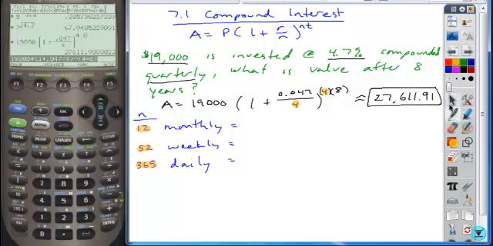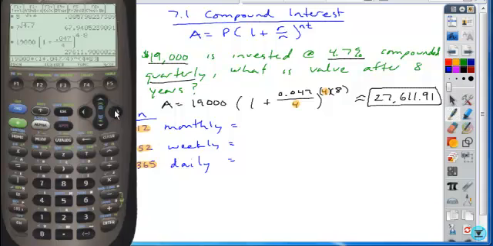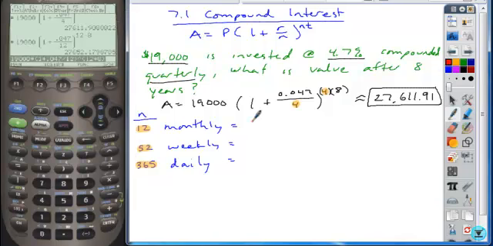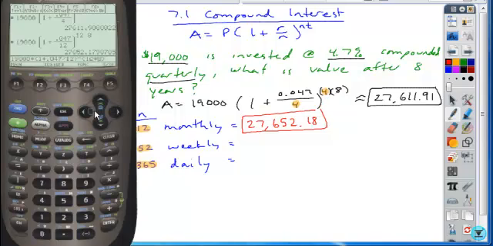So what we're going to do is plug these values into our calculator. Starting with monthly, if we just replace our 4 with a 12 in each of those instances, hit enter, we recalculate this value to be 27,652.18. Okay, so you see it's a little bit higher. What if it was calculated on a weekly basis? Here we're going to replace our 12s with a 52.